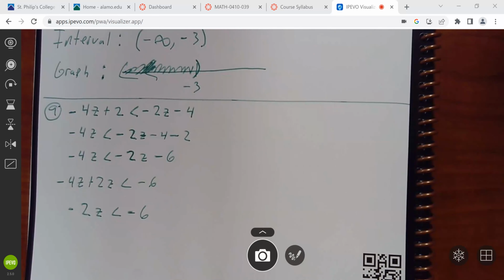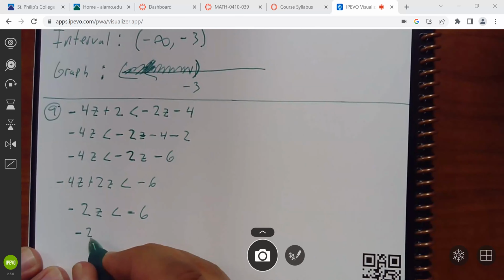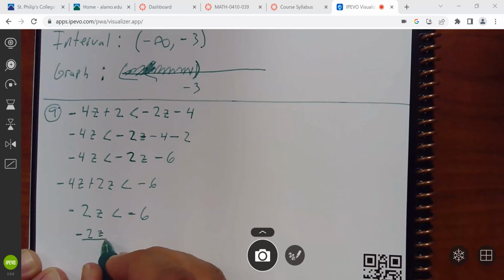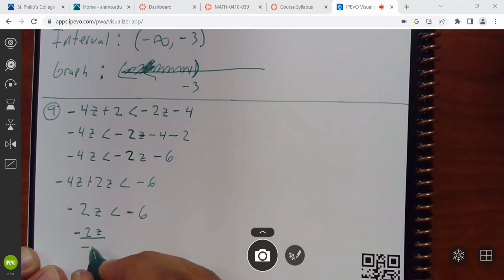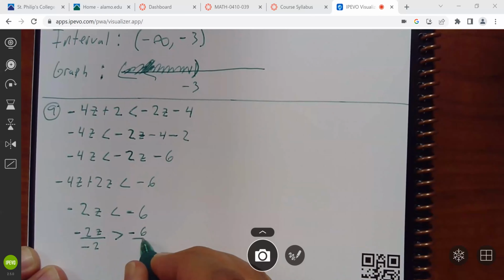What's going to happen to the symbol? Are you going to flip? Does the 2 change the sign?